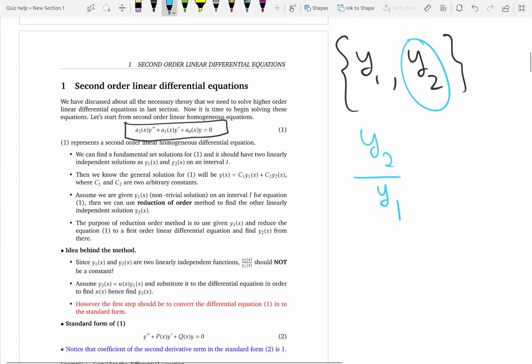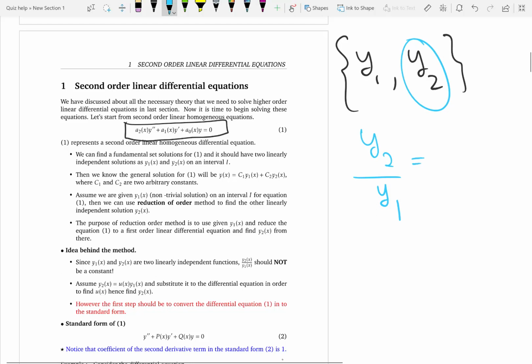We should not get a constant, right? That is the whole point about being linearly independent. And the method we are going to learn today is based on just that fact. So y2 divided by y1 is not a constant, because they are linearly independent. They are not constant multiples of each other.